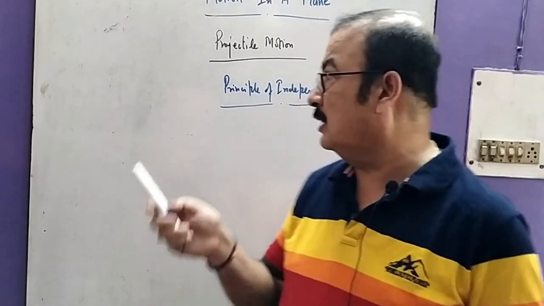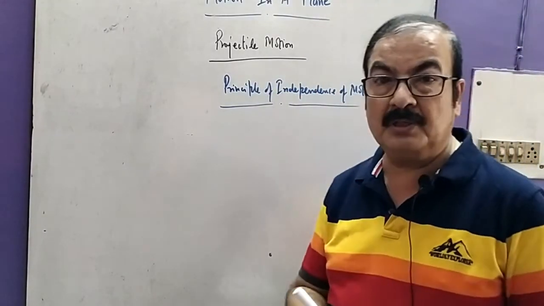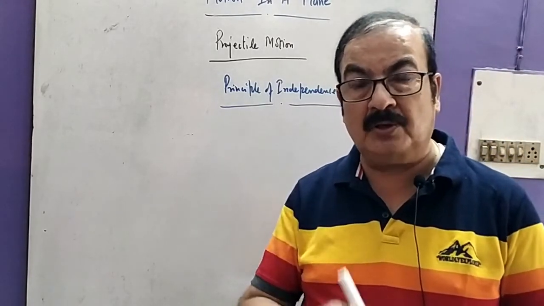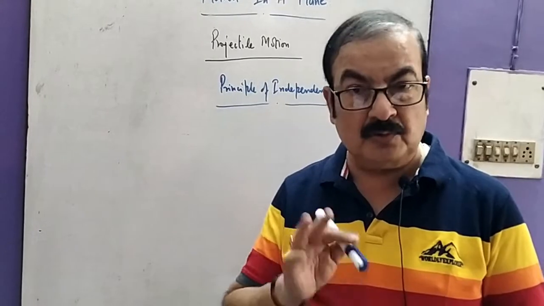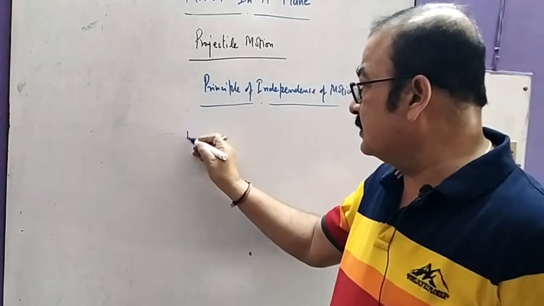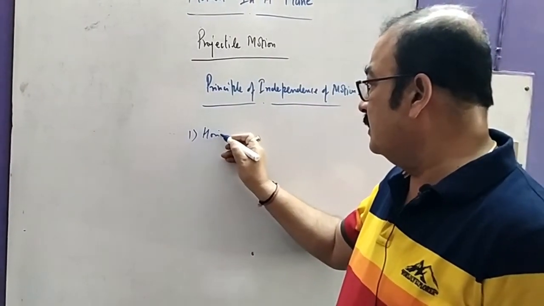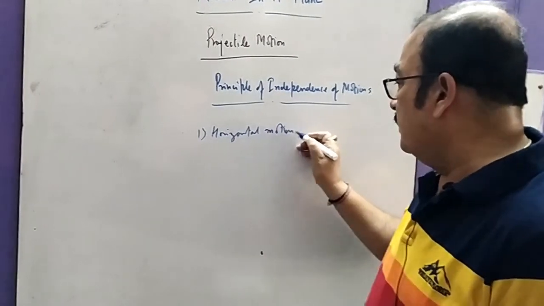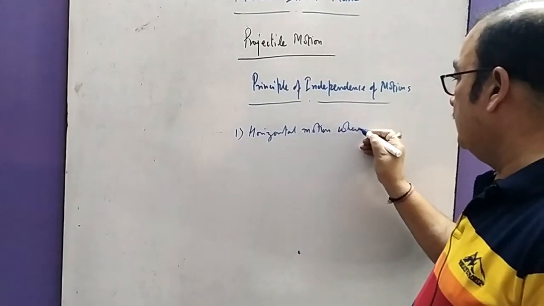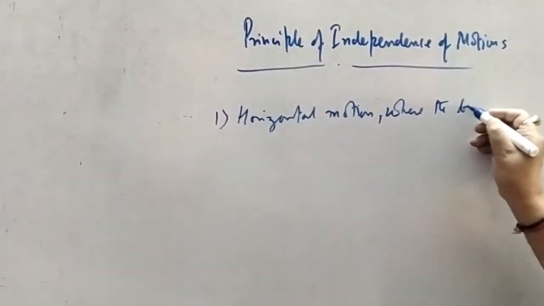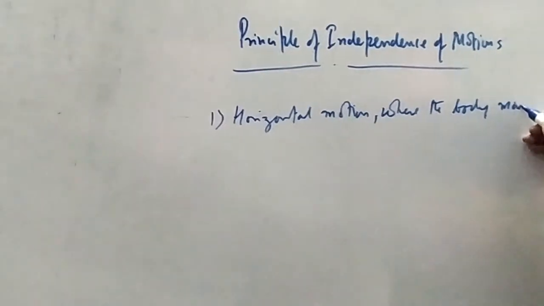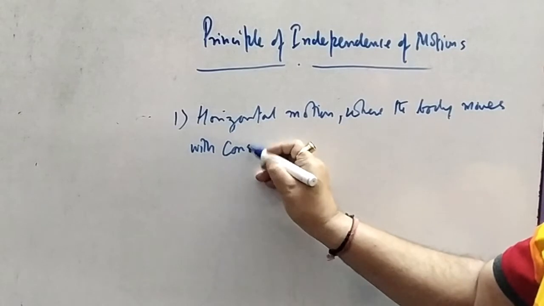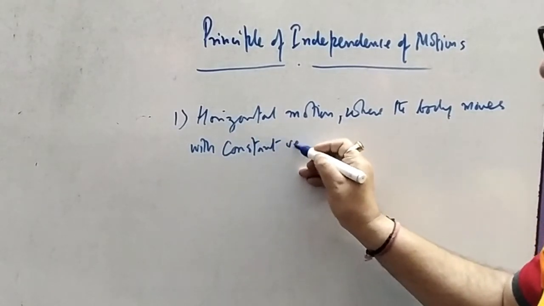According to the principle of independence of motion, a projectile motion is a combination of two motions. Number one is horizontal motion, where the body moves with constant velocity.